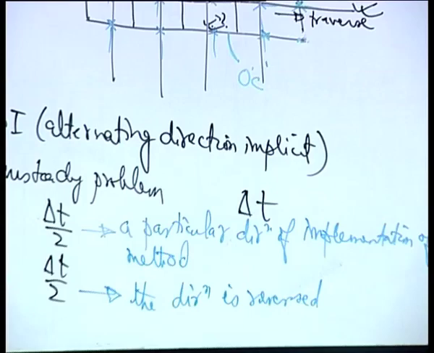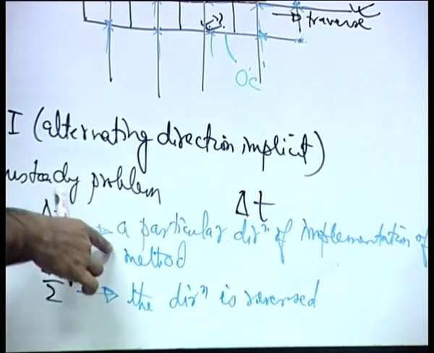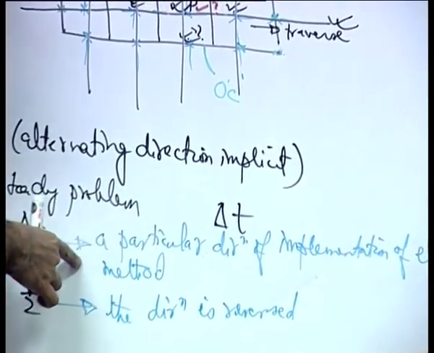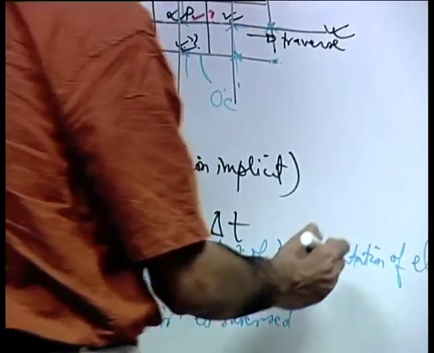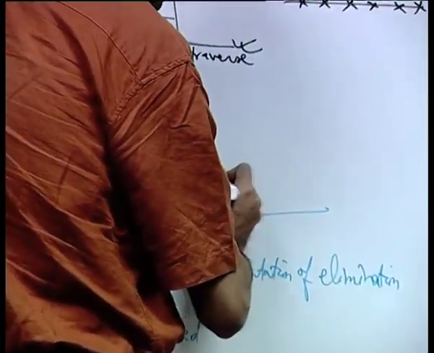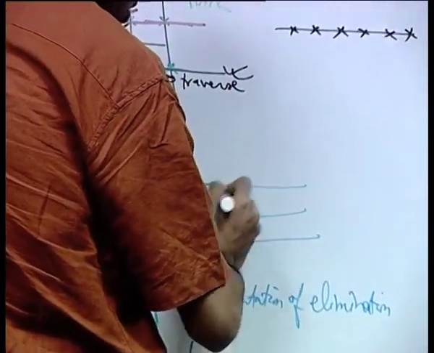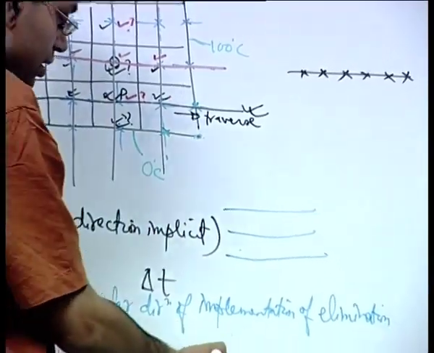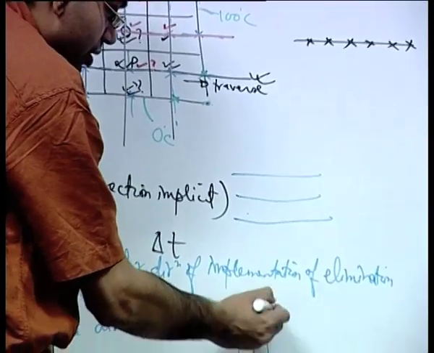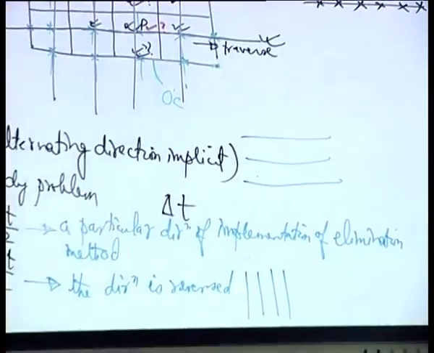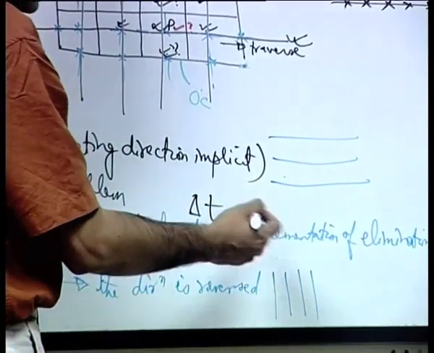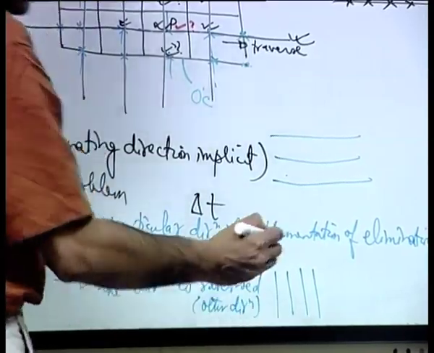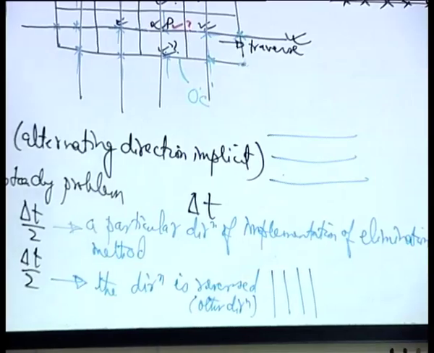That means if this was along x direction, this would be along y direction. So, if you implement it along x, so if you have horizontal lines along which you solve for the elimination method, then in the next case you reverse it. So, you make it reverse, like the other direction. So, if this is x direction, this will be y direction, like that.